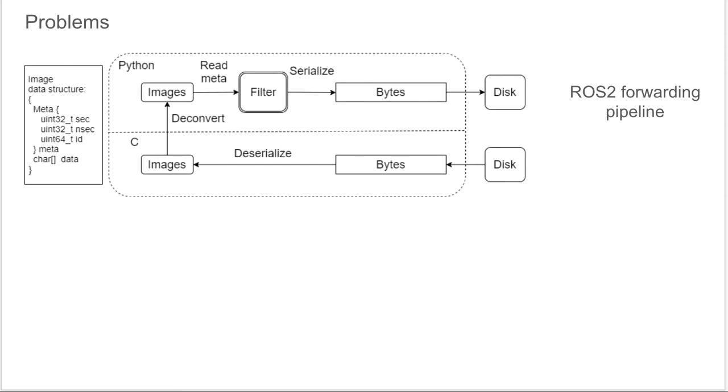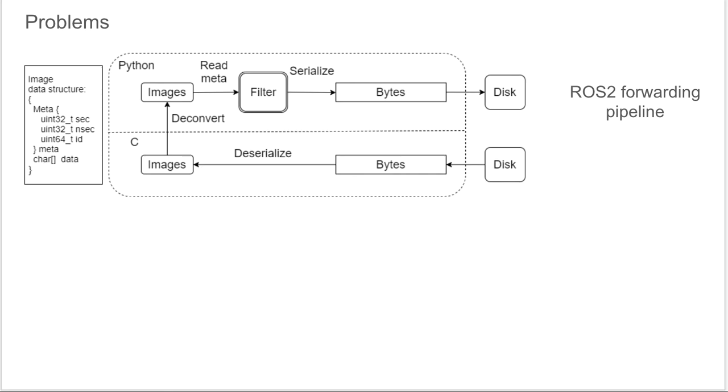Let's take a look at one example where the component receives a message, which is images, and then transfers the data from disk to disk. First, the data are received as bytes, and then the bytes are deserialized to C images, because bytes are easy to transmit, and the component should deserialize them as structured messages.